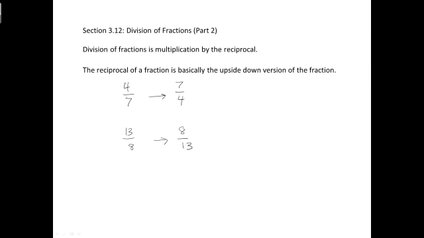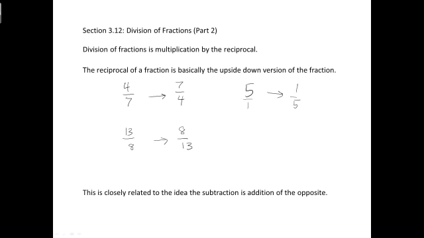If we have an integer, for example, the integer 5, if we wanted to find the reciprocal of this, we can think of it as 5 over 1, so that the reciprocal is 1/5. This is closely related to the idea that subtraction is addition of the opposite. Example, compute 3/4 divided by 2/5.